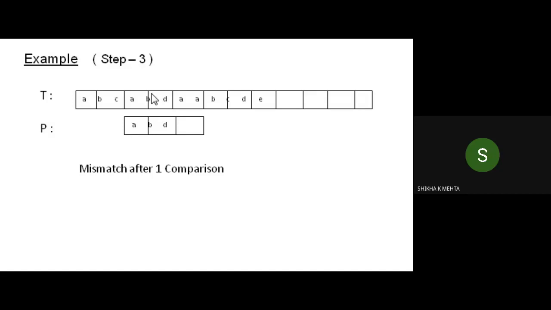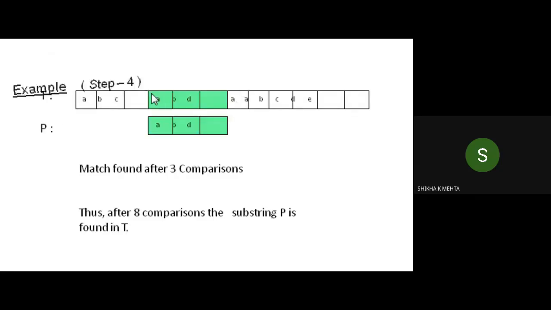This is how we perform the searching for a pattern in the text using the naive approach. After this comparison, we see A is equal to A, B is equal to B, and D is equal to D. Yes, we are able to find the match after 3 comparisons. And how many before?